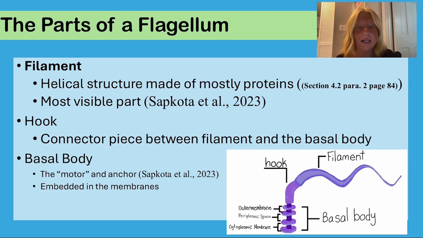It has a stack of rings at the bottom, and this is basically the motor. These spin and act as a motor, which is powered by proton gradients. And it anchors the whole structure to the cell. Together, these three parts make up a propeller system for the bacteria to move around.